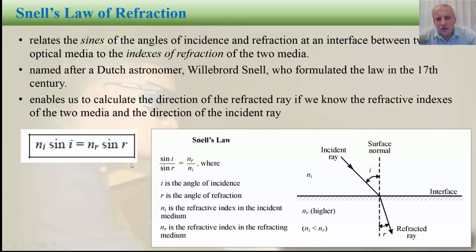That's basically the formula that is going to be applied, where if you have three variables known, you can calculate the fourth variable. Most of the time you're going to be calculating the refracted angle R, that's usually unknown.